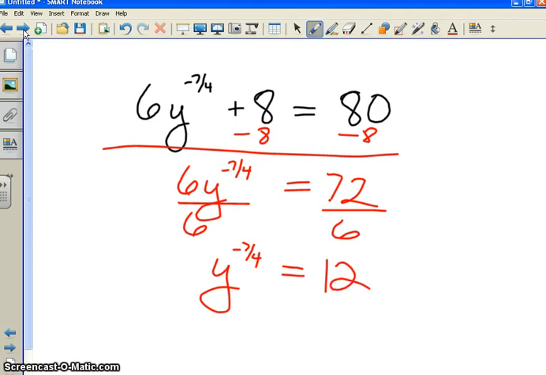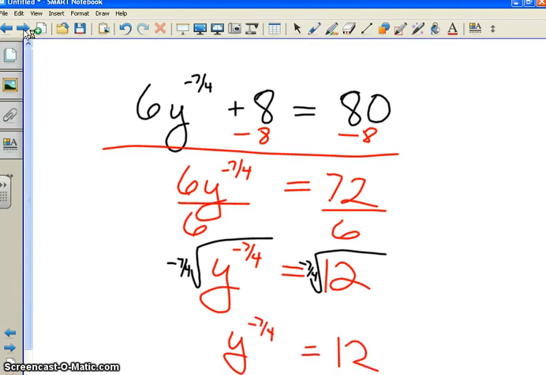And here's where you've got your two options. You can either do the negative 7/4 root on both sides, or your other option is to do the reciprocal of negative 7/4, which would be negative 4/7.